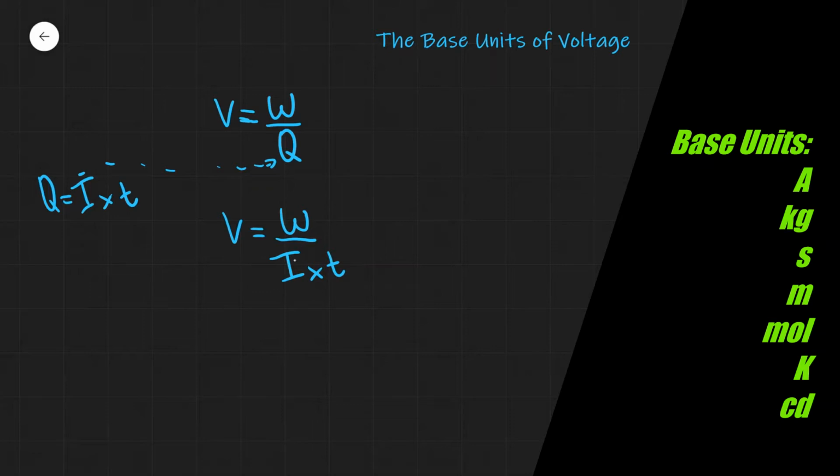However, now I is measured in amps, which is a base unit, and time is measured in seconds, which also is a base unit. So all we need to do to find out the base units for voltage would be to figure out the base units for energy.